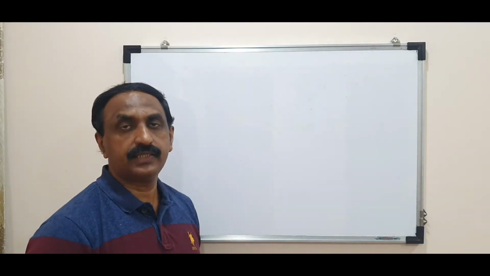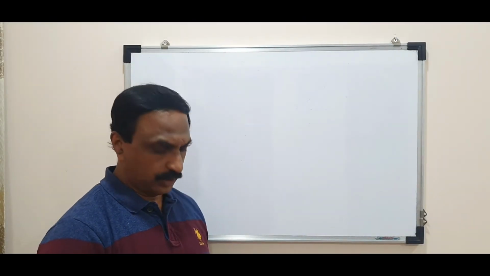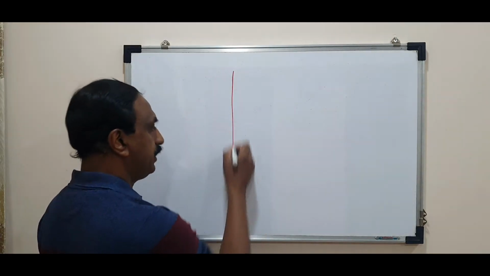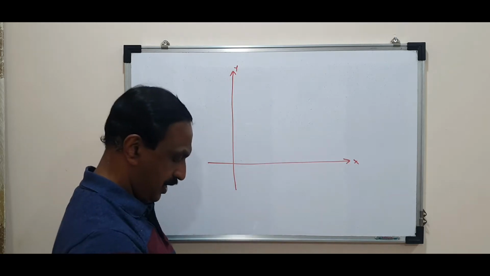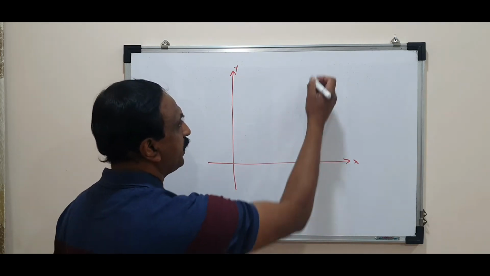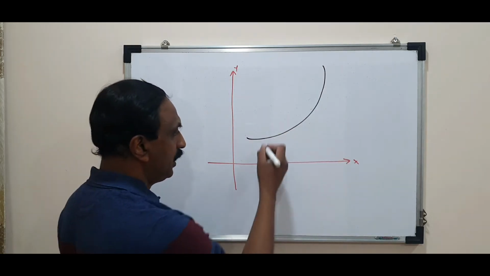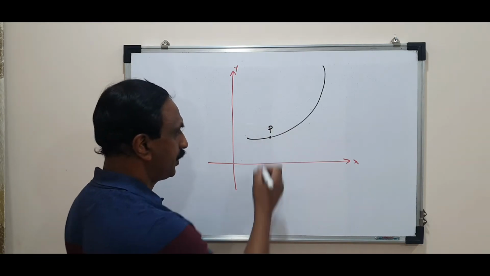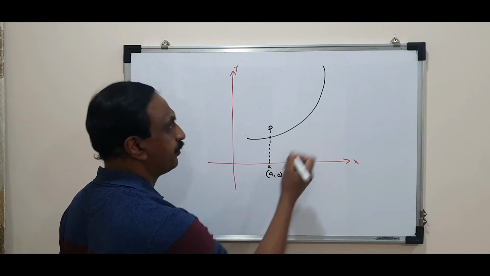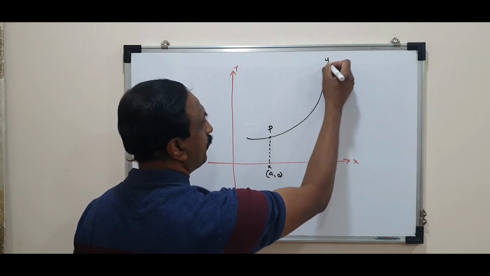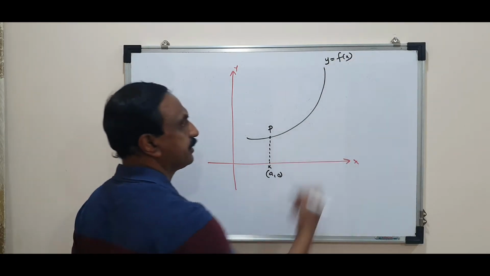We shall construct a curve and mark the coordinate of P in this manner. Let's imagine this is the coordinate axis. Let's say the curve is in this manner. Here is the point P, whose x coordinate is A, and the equation of the function is y equal to f of x.